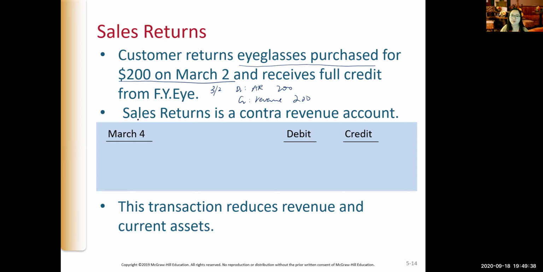So they wanted to return their glasses. So sales return is a contra revenue account. We talked about the contra account, right? Contra means reduce or against, right? A contra revenue account, I wanted to highlight this very clearly.